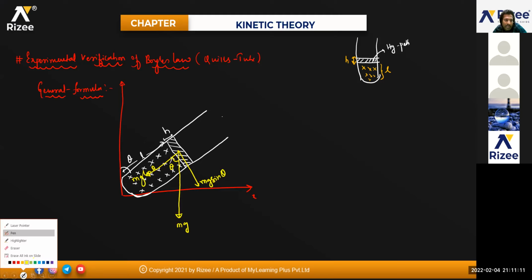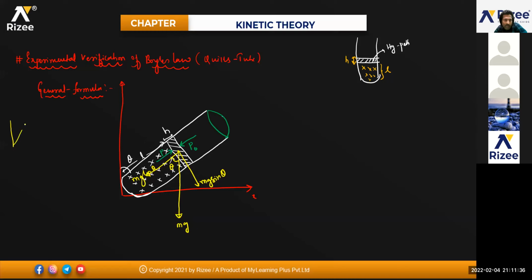The gas present inside will exert pressure P. As the tube is open to the atmosphere, atmospheric pressure is also acting from outside. These are all the forces acting on the inclined tube.